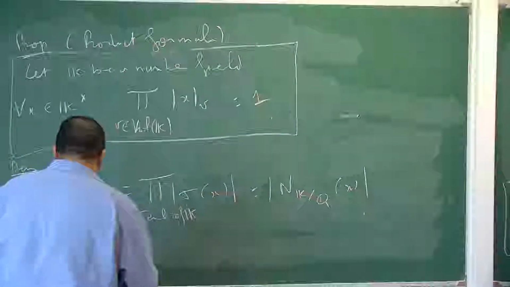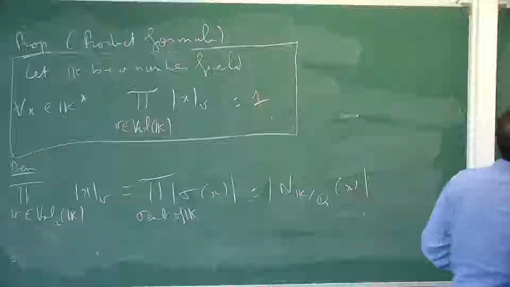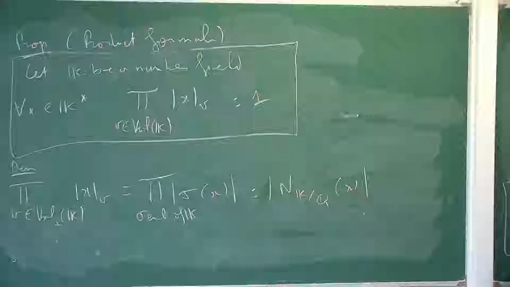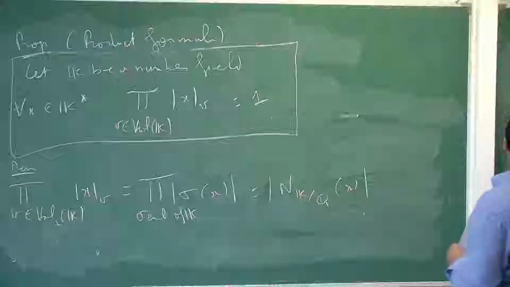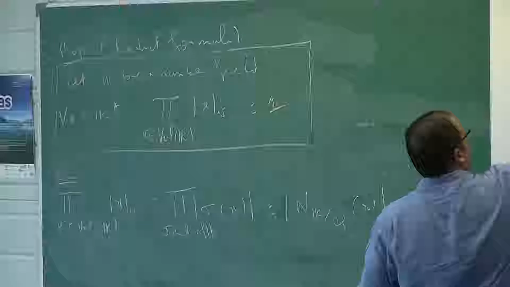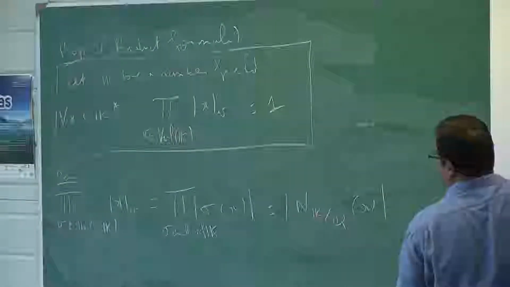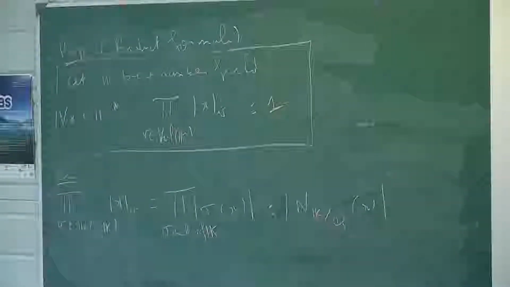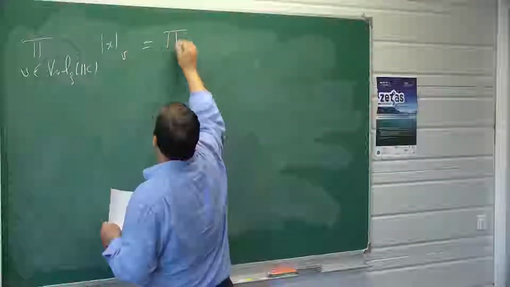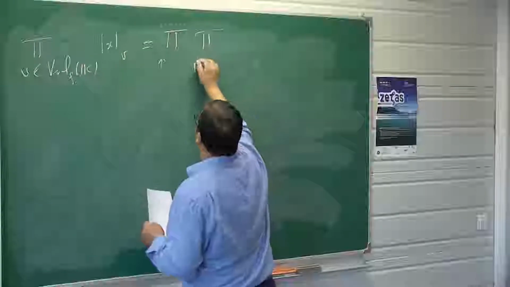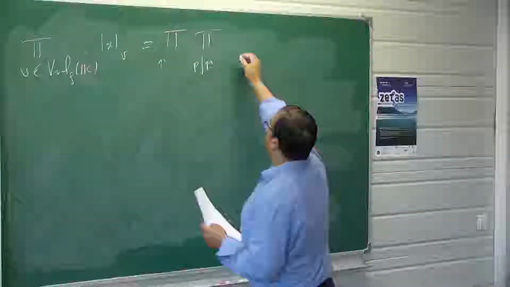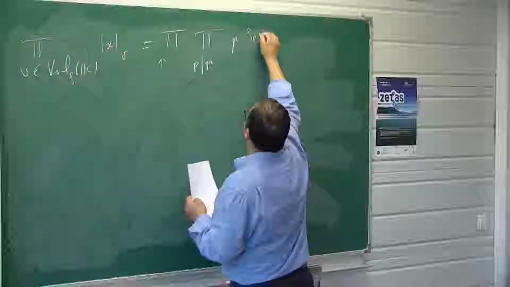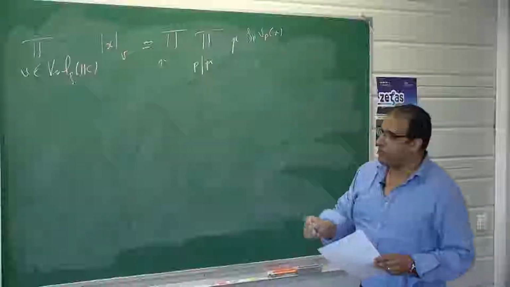And on the other hand, if you compute the product of |x|_v for v non-Archimedean places, then you can write this as a product for ordinary p and the product over P dividing p of p^(-f_P v_P(x)), by using the definition I gave before.